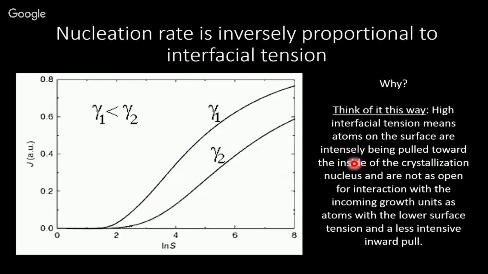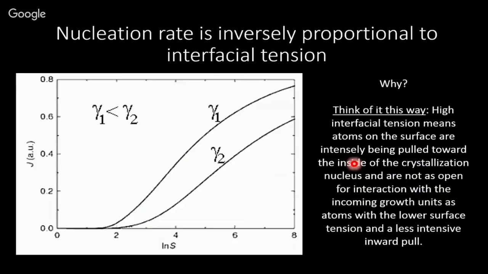Another thing is that nucleation rate is inversely proportional to the interfacial tension. Interfacial tension is another one of those parameters which are extremely difficult to control, because it's highly chemistry dependent. When I say chemistry dependent, I know it sounds a little bit vague. What I mean is that it's dependent on the chemical composition of whatever you're growing.